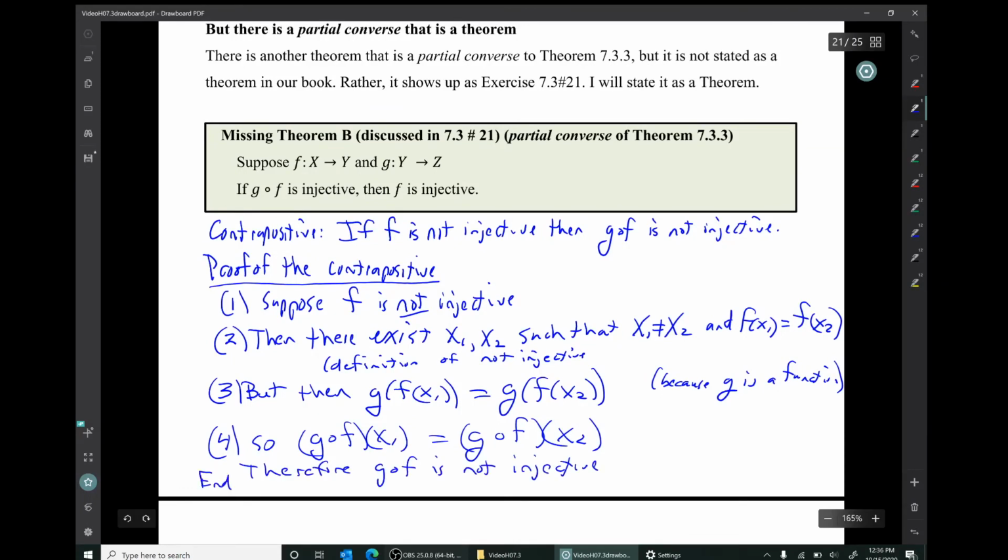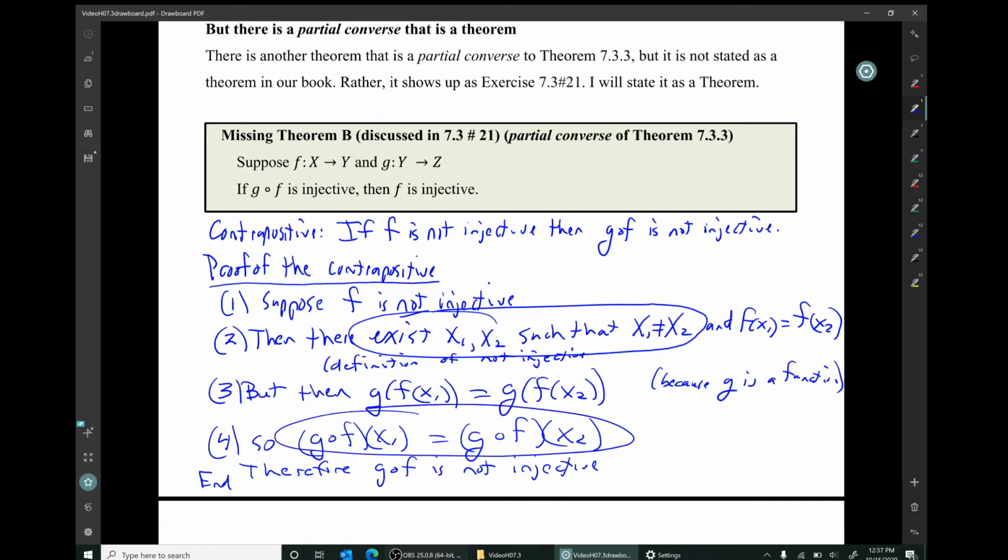So notice, we have shown that there exist x1 and x2 that are not equal, but g circle f of x1 equals g circle f of x2. So therefore, g circle f is not injective. That would be statement 5.